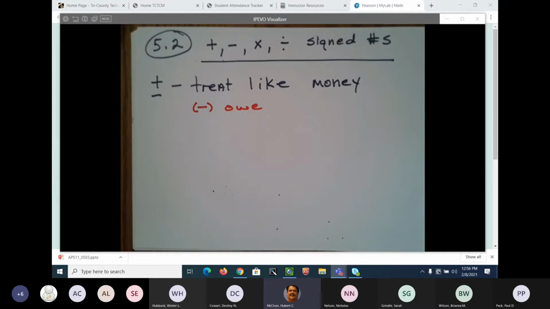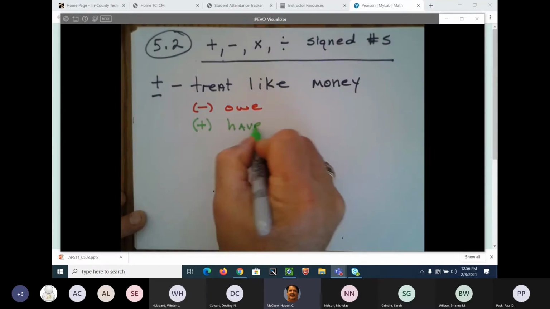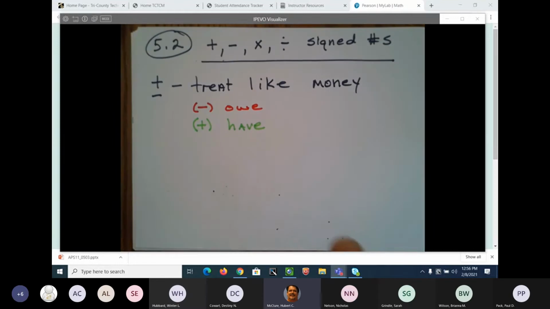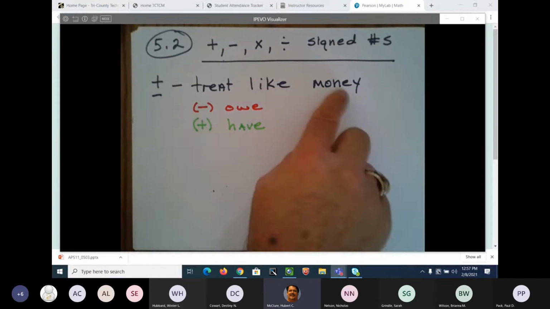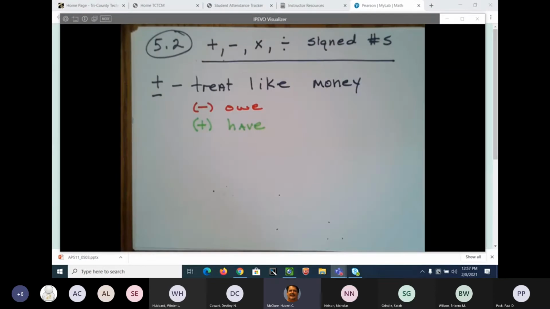Green means you what? Have. It's usually black, red and black, but the reason I use green is because I write in black. And then I'm going to put in another color. Let's go with a blue.